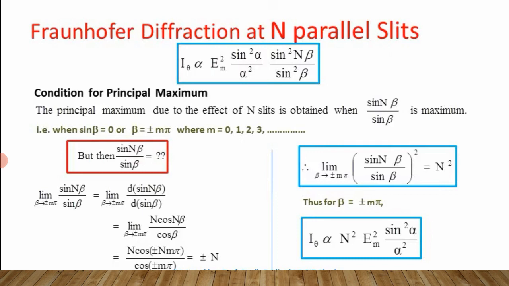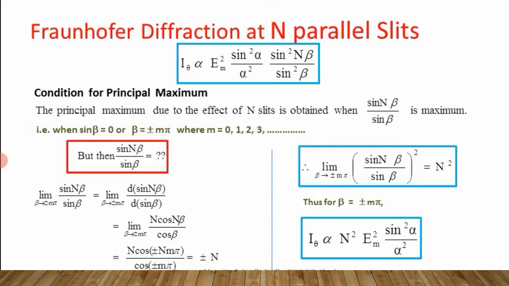Taking the limit as beta tends to plus minus m pi, sin n beta upon sin beta equals, by differentiating, n cos n beta upon cos beta, which is n cos of plus minus n m pi upon cos of plus minus m pi, equal to plus minus n.